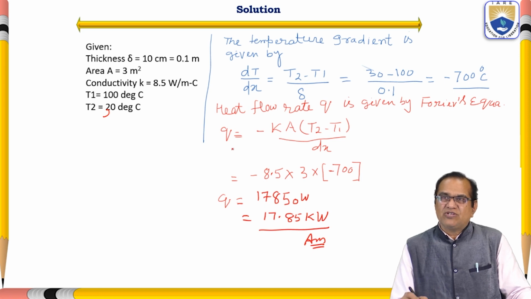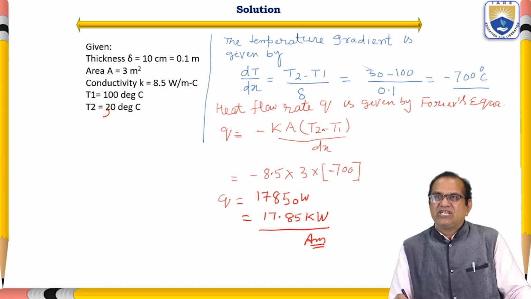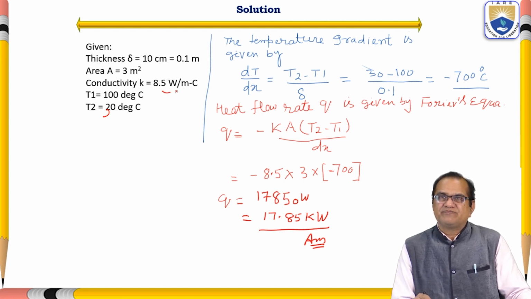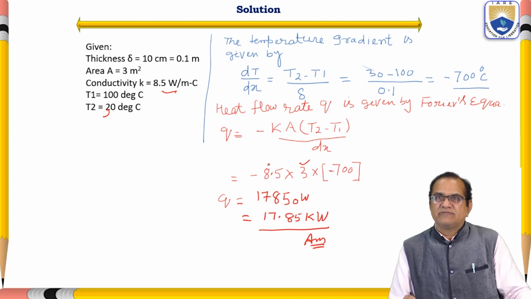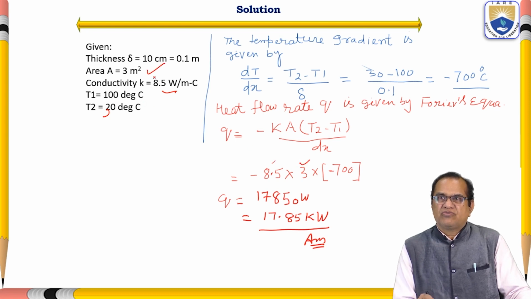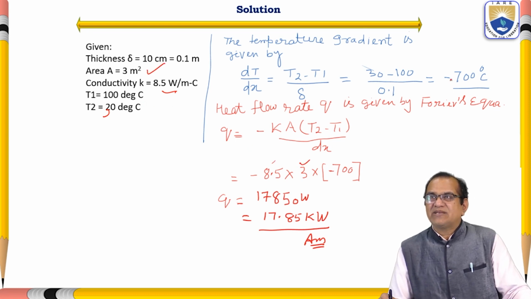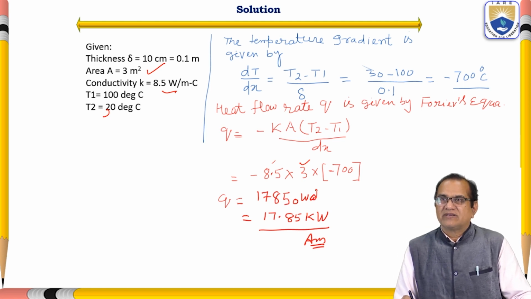Heat flow rate Q is given by Fourier's equation. So Q is equal to minus KA (T2 minus T1) by delta x. K is equal to 8.5, A is equal to 3 meter square, and the gradient is minus 700. If you multiply it, you will get Q equal to 17850 watt.